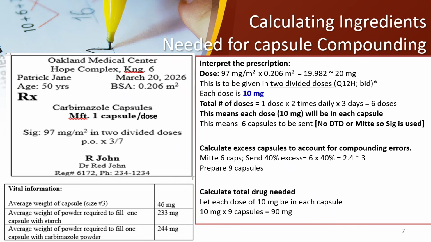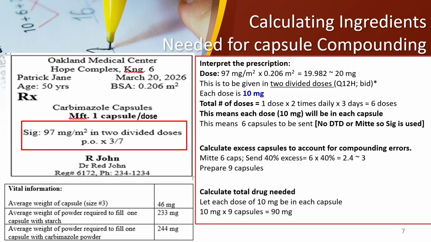So we are now going to be interpreting the prescription. MFT, 1 capsule per dose, indicates that each dose will be in 1 capsule, and the dose is obviously going to come from the signature because we don't have any DTD or MITI. So it's going to have to come from the signature.